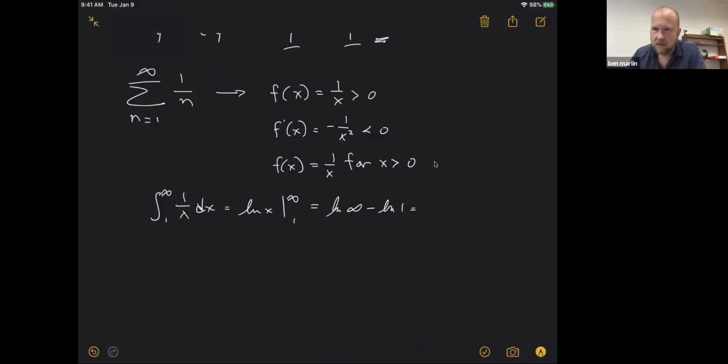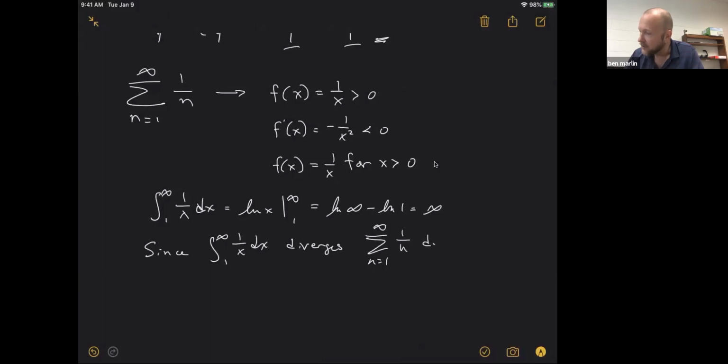But the log of infinity we're still thinking about is infinity. So since this integral from 1 to infinity of 1 over x dx diverges, the summation from n equals 1 to infinity of 1 over n diverges by the integral test.